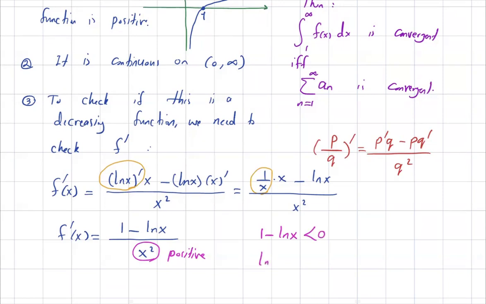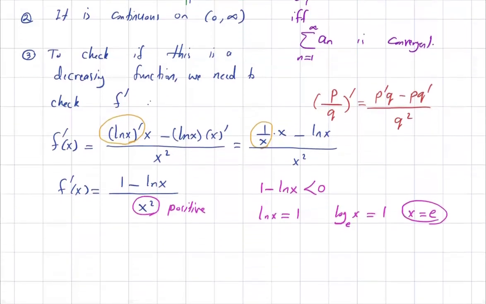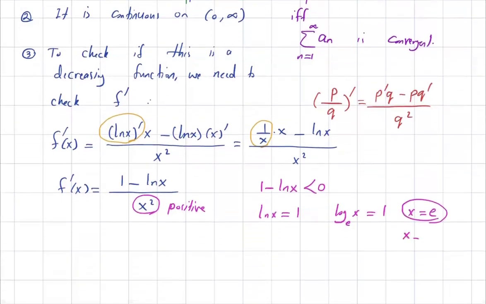If you set ln of x equal to 1, here you have log with base e equals 1, so x is equal to e, the Napier number that we discussed before, 2.71828 and so on.